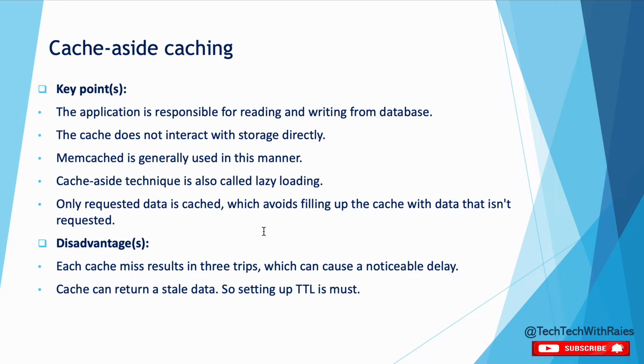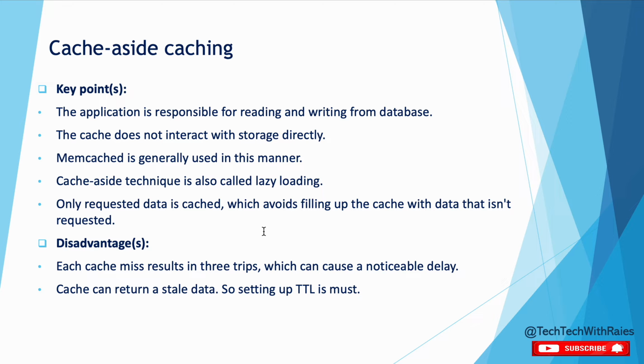Disadvantages: each miss results in 3 trips, which can cause a noticeable delay. The cache can also return stale data, so setting up a TTL is a must. The last disadvantage we are discussing is that the cache can return stale data.